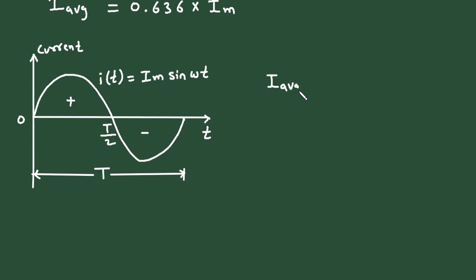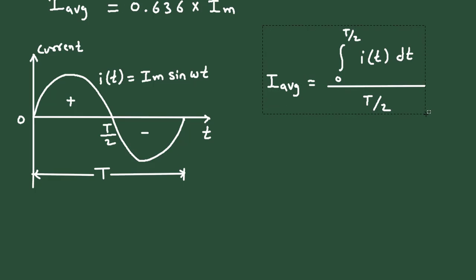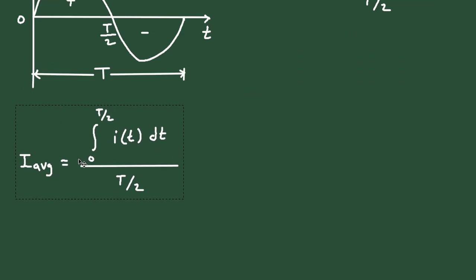So I average is equal to the integration from 0 to T by 2 of I of t with respect to time dt, divided by T by 2. Now if we simplify this, we will get this value. So let's check this. Take this expression here.